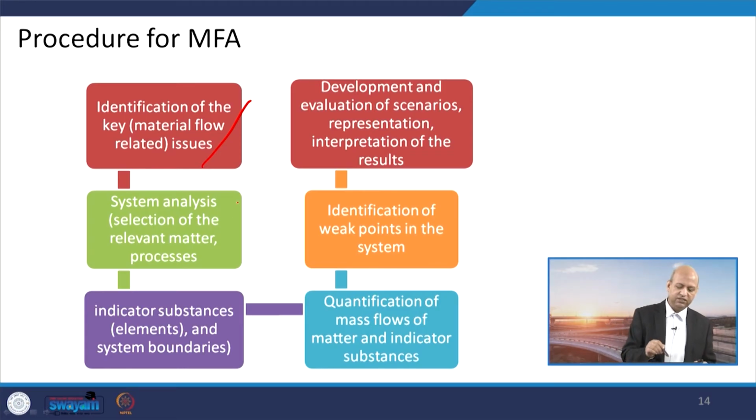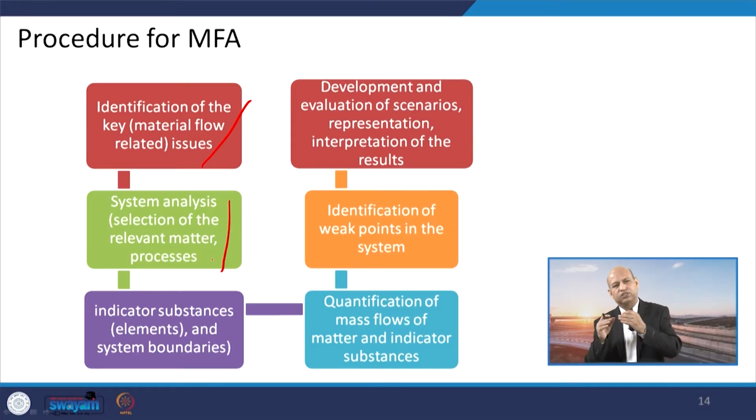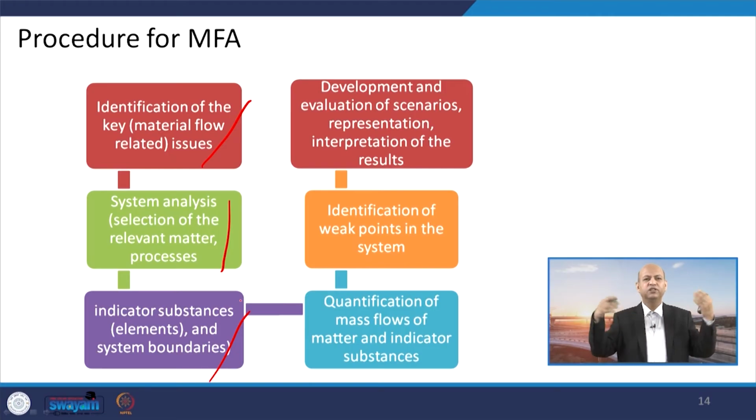Then we analyze the system, the selection of relevant matter and the processes of that particular system, and the indicators like some elements or some waste material or those kinds of things. System boundaries we have to see that only this much system boundary we will consider, otherwise it can be a never ending process. Okay.